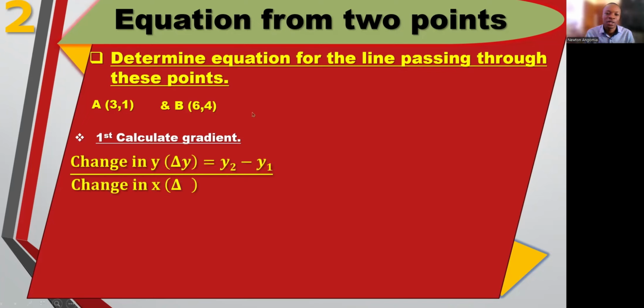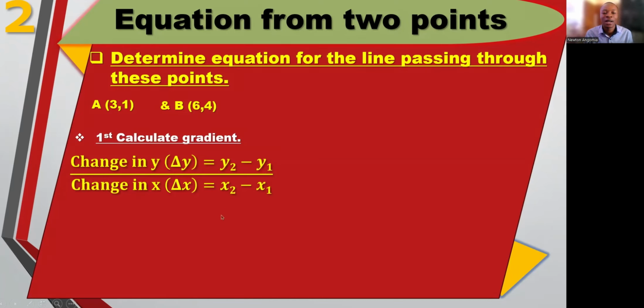Therefore, using the formula for calculating gradient, you will say the change in y coordinates, which is y2. Where do we get y2? Point B is our second point, so y2 is 4. And then y1 is at point A, which is 1. Then for x, the change in x is going to be 6 minus 3.